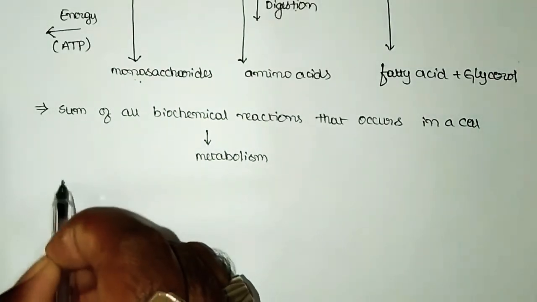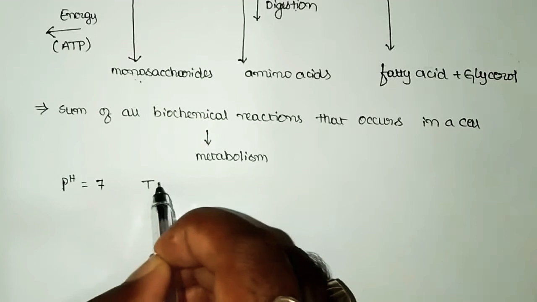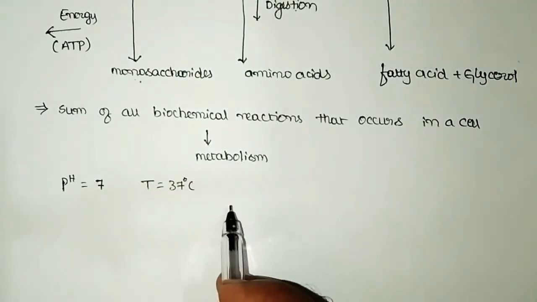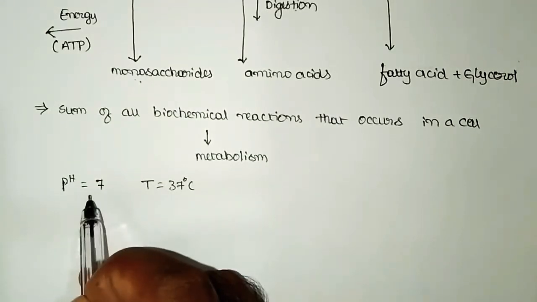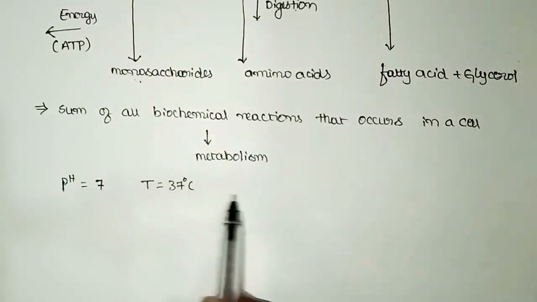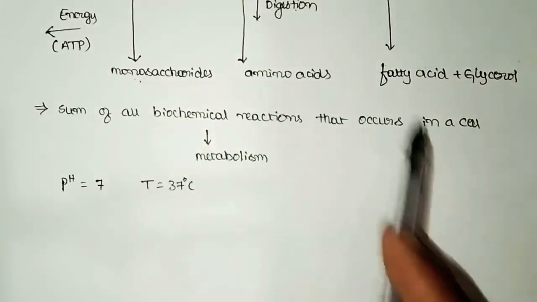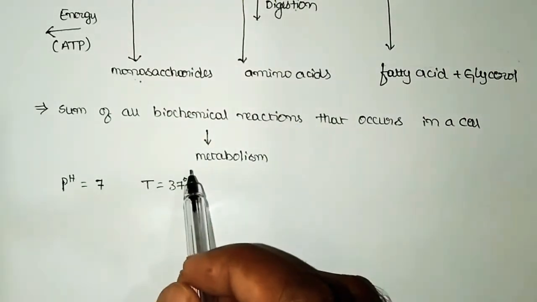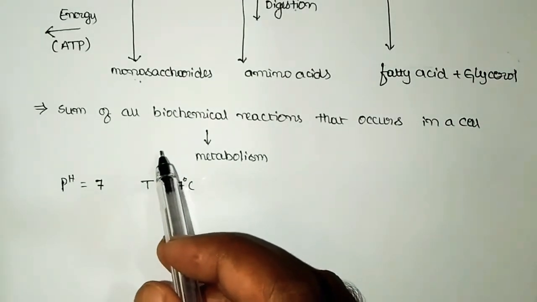That is at a pH equal to 7 and at a temperature equal to 37 degrees Celsius. These are the mild conditions. We know that is our normal body temperature and that is our neutral pH, and under these conditions the biochemical reactions occur very rapidly. And as I said, each and every biochemical reaction is catalyzed by a specific enzyme.